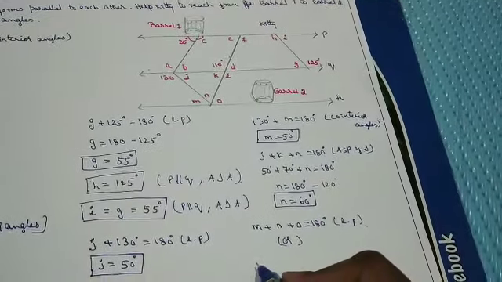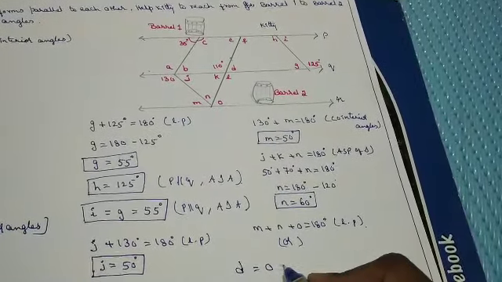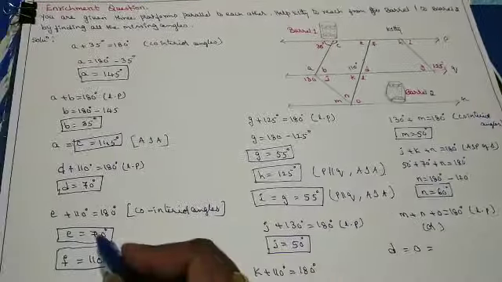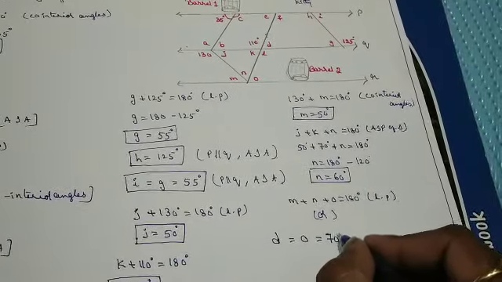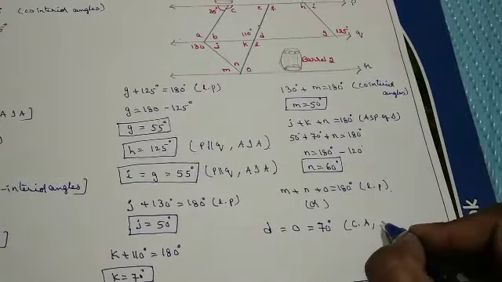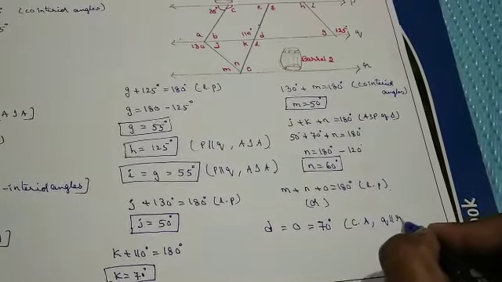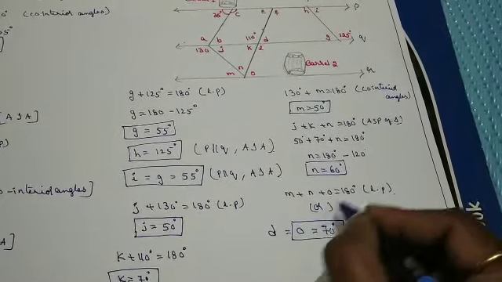So angle D equal to angle O. Then what is the value of D we got? The value of D is 70 degree. Reason, corresponding angles by Q parallel to R. I got even O value now. Or you can apply linear concept.